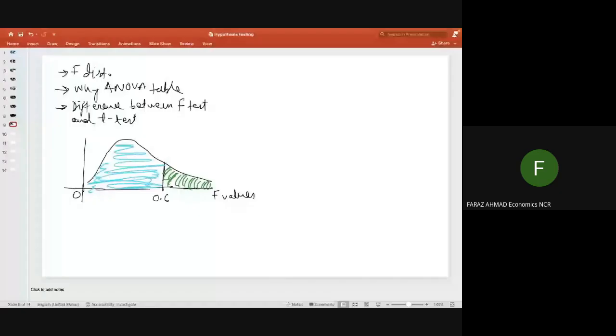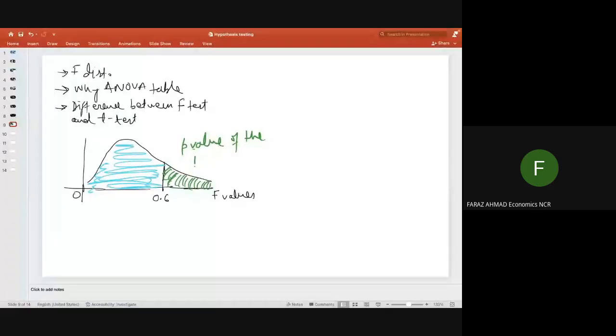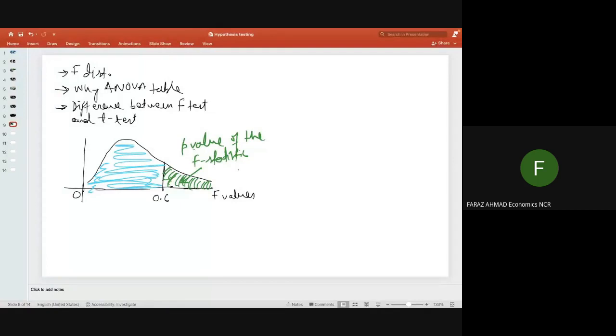Of course, the area to the left is also a probability value, but when we refer to the p-value of the F statistic, what we mean by this is this green area, right? Area in the right tail. That's the p-value of the F statistic. So if you have any value for the F statistic, it is going to be greater than 0.